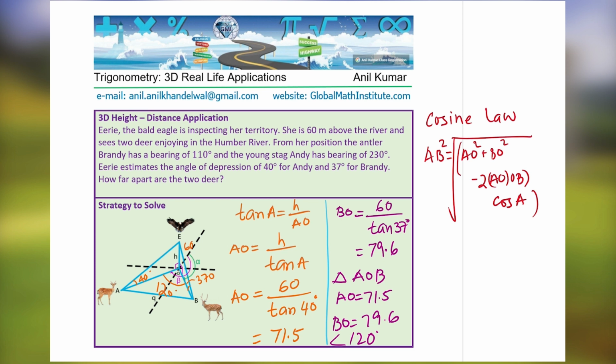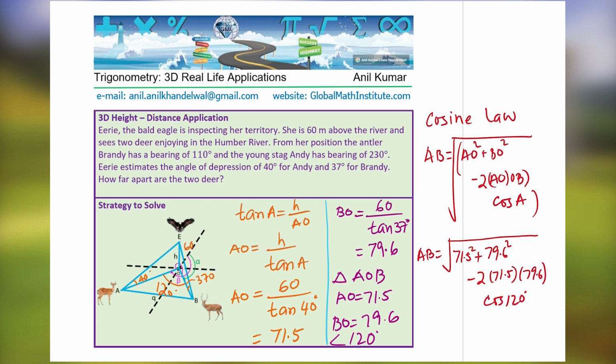So let me write AB, the distance required. So AB basically equal to the square root of, let me write down the values. We have 71.5 square plus we have 79.6 square minus 2 times 71.5 times 79.6 times cos of 120 degrees, correct?